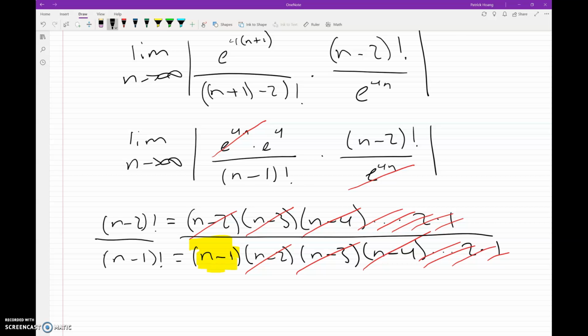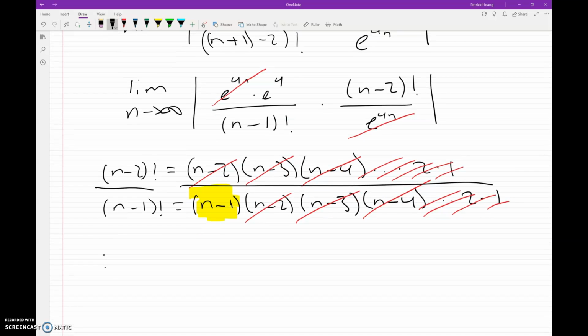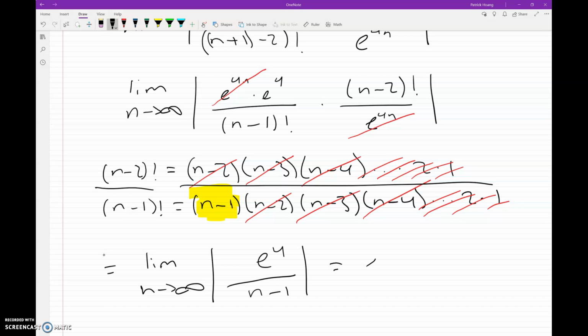So this actually simplifies to be the limit as n approaches infinity of the absolute value of, remember this e to the 4 was originally here, and in the denominator it's just n minus 1. So this would be equal to e to the 4th divided by n minus 1.